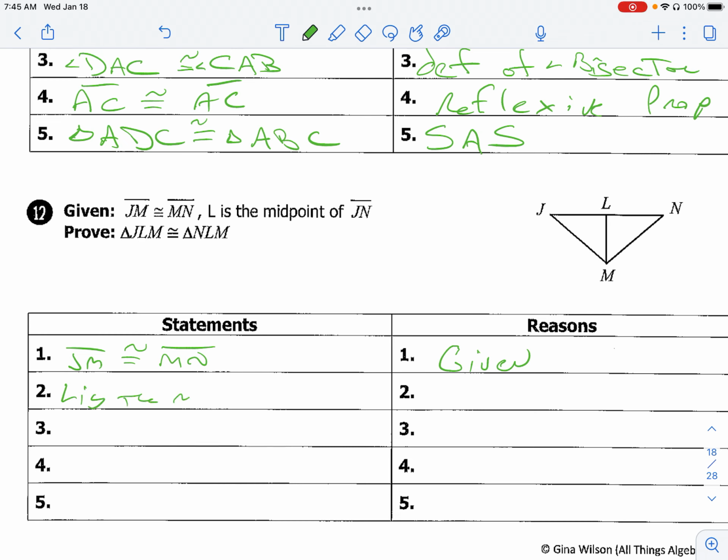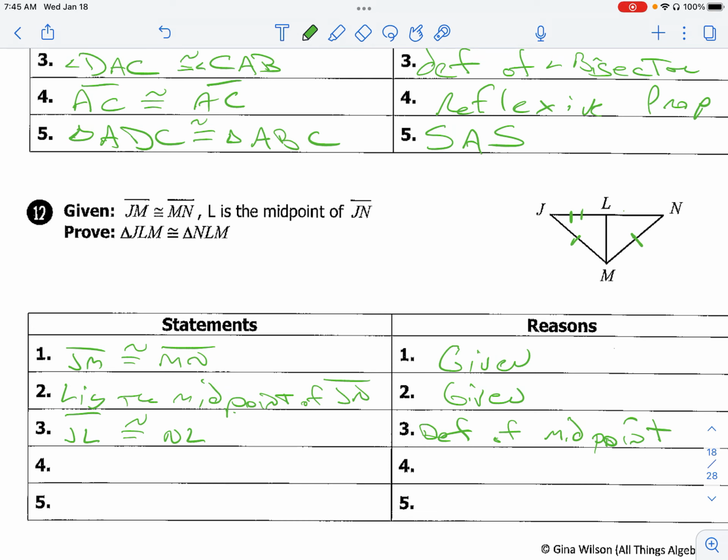L is the midpoint of JN, also given. So JM and NM are congruent. JL is congruent to NL, definition of a midpoint, because it means literally cut in half.